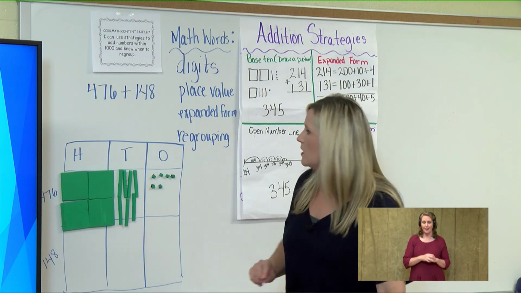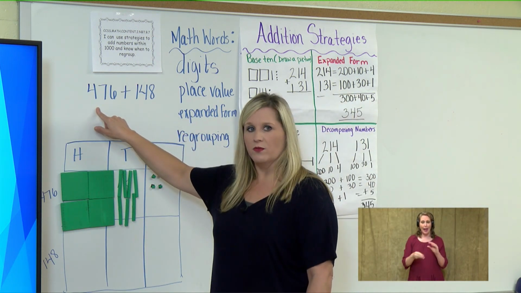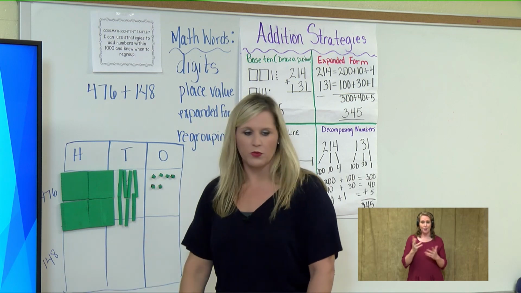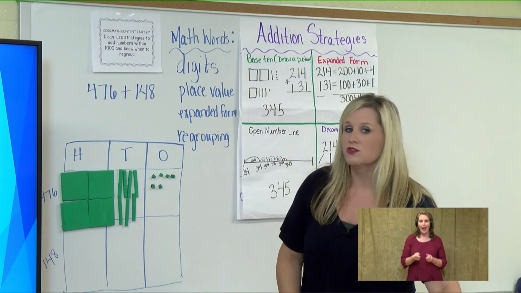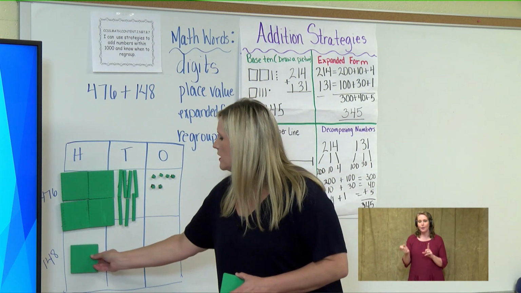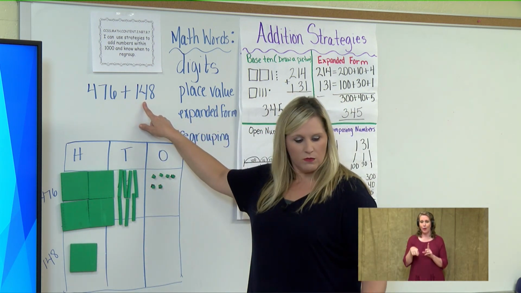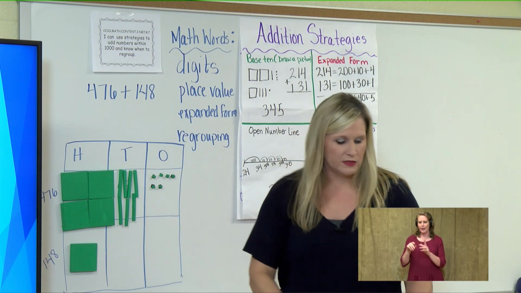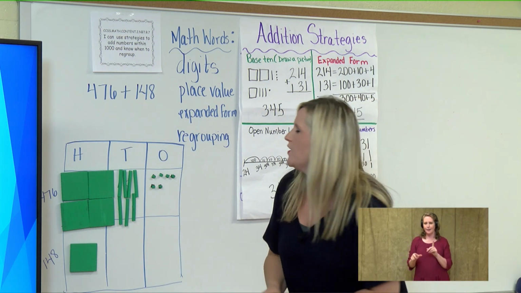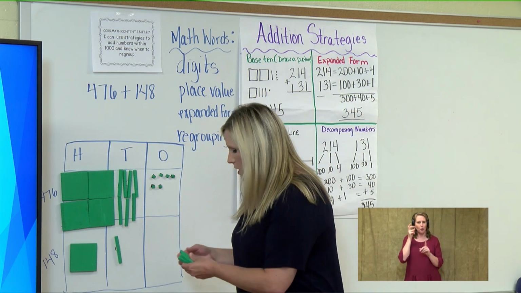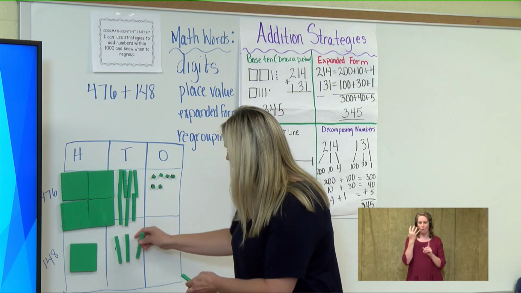All right, our second number that we're going to add together with 476 is 148. So how many hundreds do I need? That's right, 100. How many tens do I need? What digit do you see in the tens place? Oh, good, I heard somebody say 4. All right, I see 4 tens.